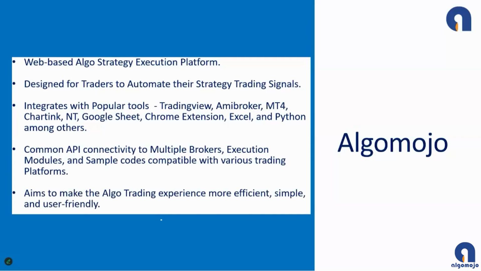Now, you need not have any kind of coding or programming knowledge. All you need is a good strategy that you have tested and would like to take trades on, based on the signals which you get from those strategies. You could be running these strategies in TradingView or Amibroker, MT4, charting anywhere.